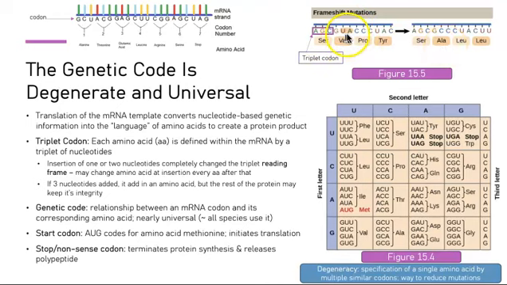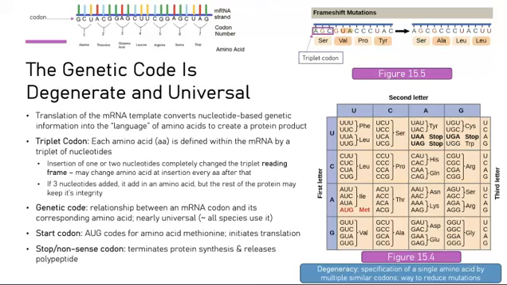Here we've only had an insertion of 2 nucleotides, but if we had 3 nucleotides added, it would add a different amino acid, but the rest of the protein would keep its integrity, because the 3 nucleotides are read together to code for amino acids.